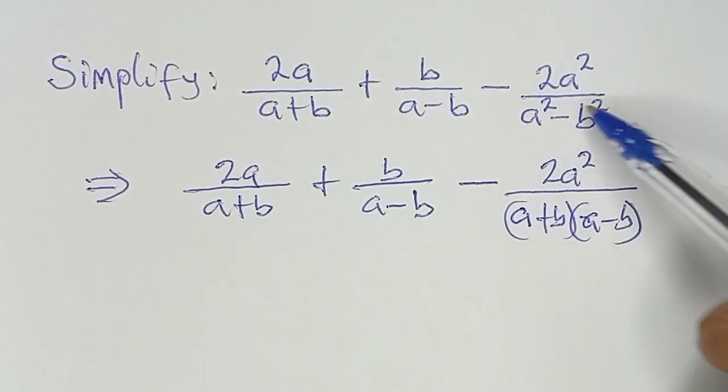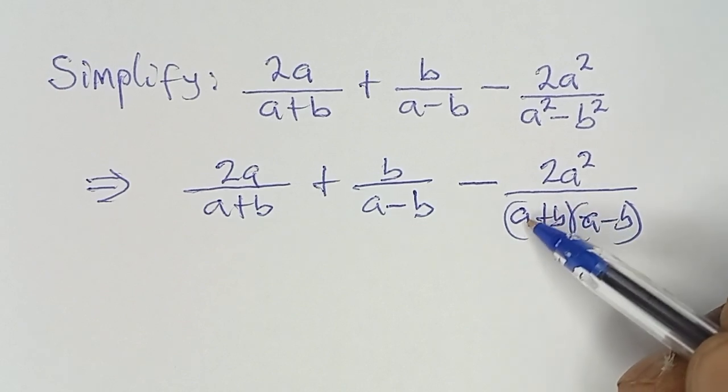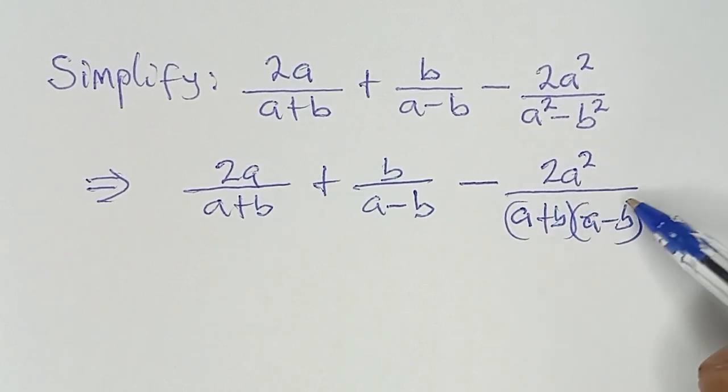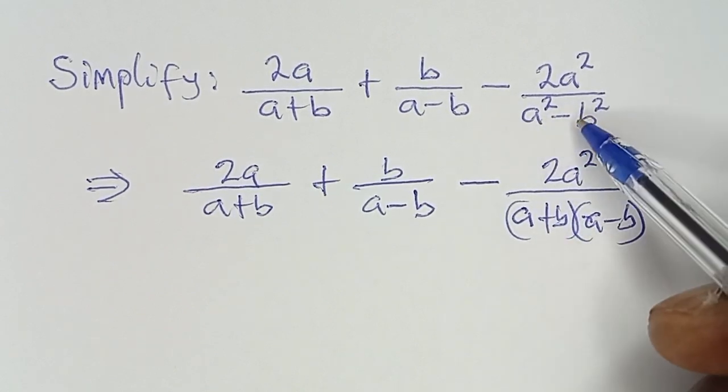Don't forget, when you have a difference of two squares like this, the trick to factor it is simply to open up brackets, add the terms together, and then open another set of brackets and subtract the terms. So this is how to factor a difference of two squares like this.